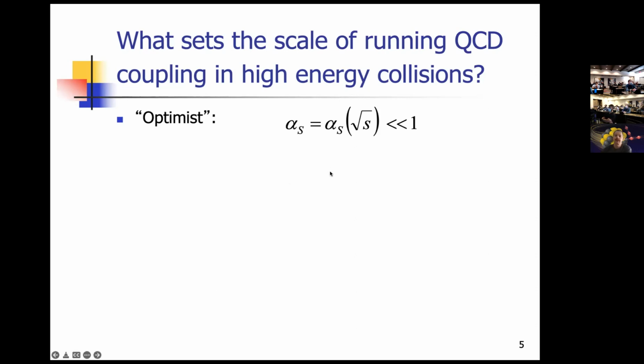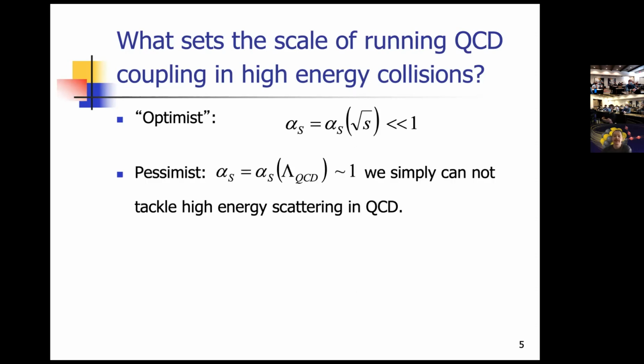So an optimistic view would say, well, we do high energy collisions, everything will be weakly coupled, and great, nothing to worry about. Well, of course, you do the calculation, you understand that the scale of the running coupling is not given by the center of mass energy. It's often given by a typical momentum transfer in a collision.